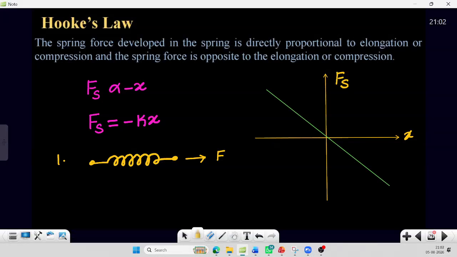In that case, there is no spring force. So how much is the elongation of the spring? Zero. Then what is the spring force? Zero. Spring force is developed only if there is an elongation or compression. If there is no elongation and no compression, spring force is zero.